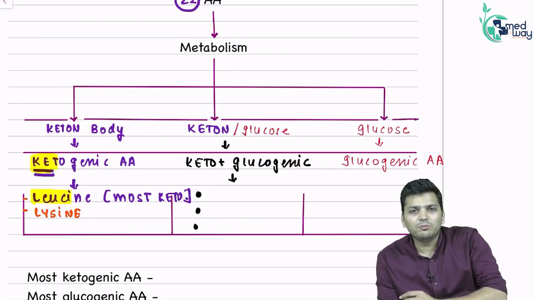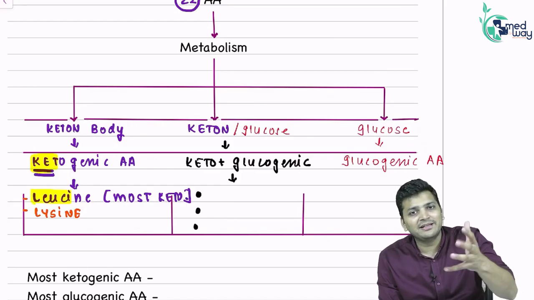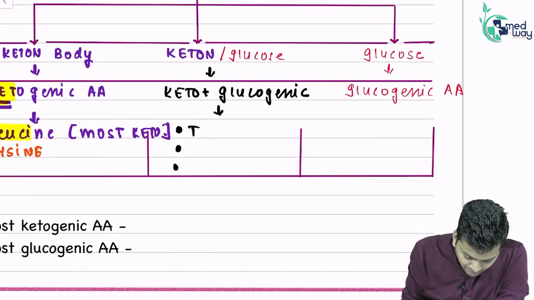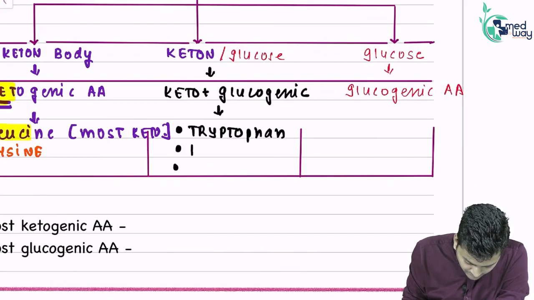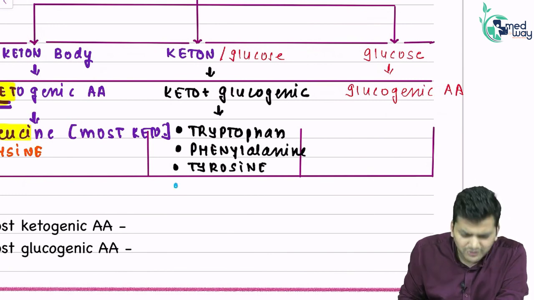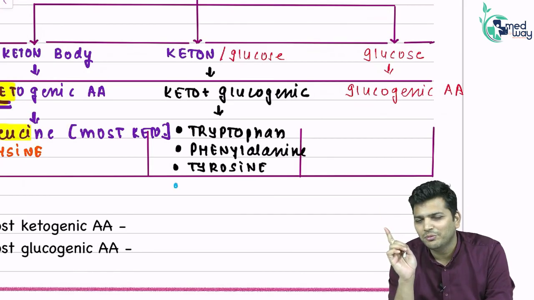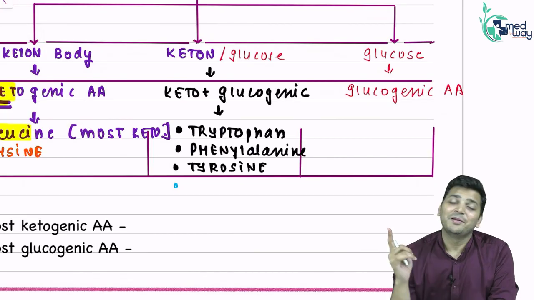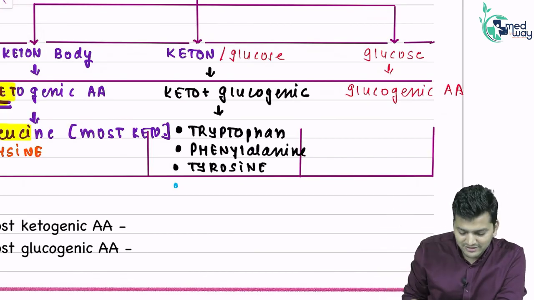So keto plus glucogenic is exactly the same as aromatic: tryptophan, phenylalanine, tyrosine. Can you tell me what was the fourth one in the aromatic category? You have to remember with hard work. Histidine. There it was histidine. Here it is isoleucine.